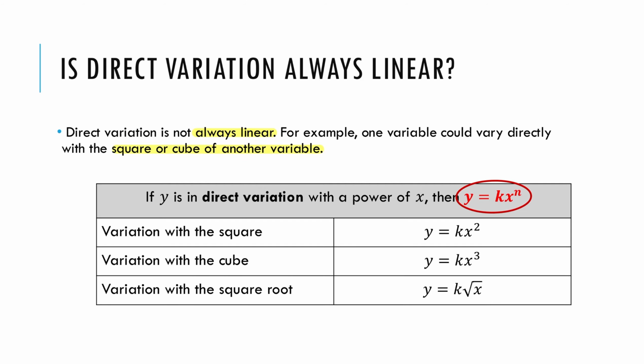So it's the same as the formula we were using before, except this time x has a power of n to it. So we've got an example here. If the variation is with the square, it's y equals kx squared. If the variation is with a cube, it becomes x cubed. Square root, it becomes a square root, and so on and so forth.